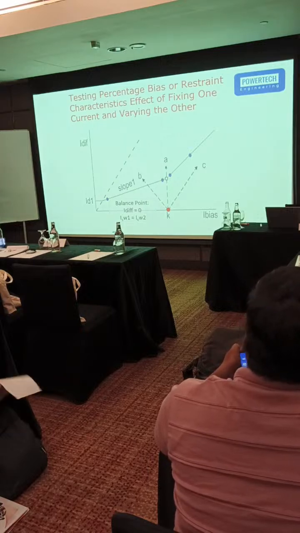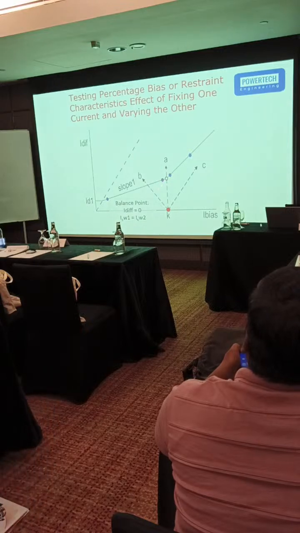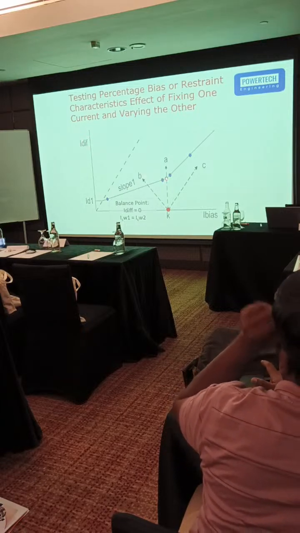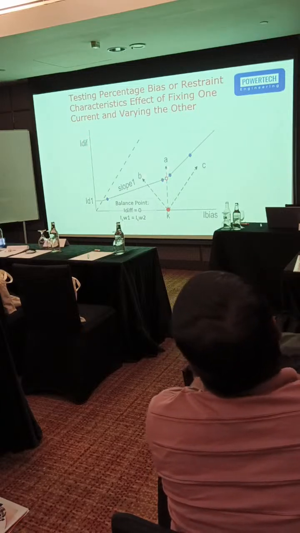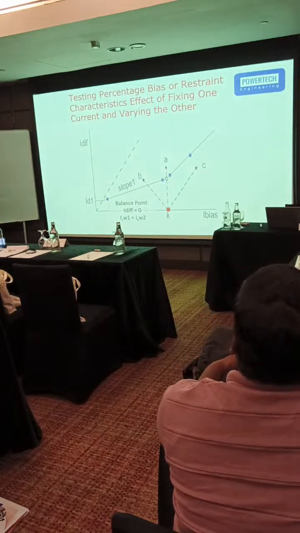First they inject one current. If the relay is not tripping, then they increase or decrease, and based on that the differential current increases. So this point moves like this. If the relay tripped, then it moves down again, and settles at the exact boundary point.